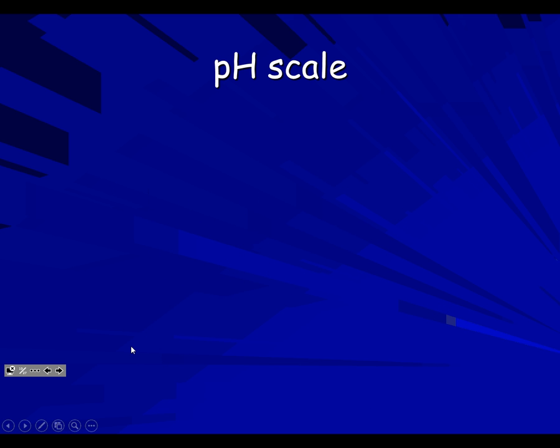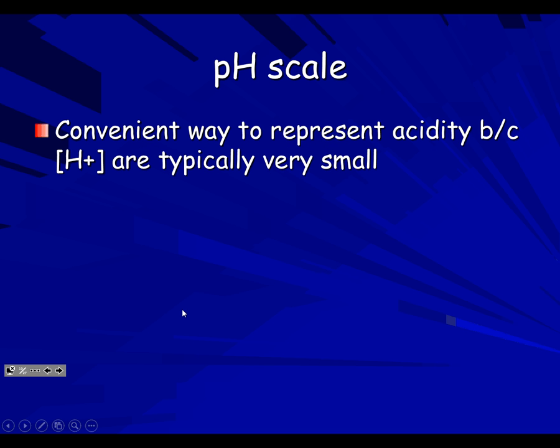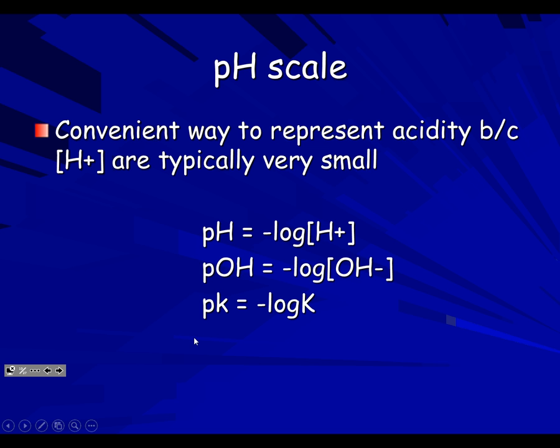Okay, so pH scale. This is in your textbook. I didn't put a copy of it here because it doesn't look very nice on this PowerPoint. But everybody always asks, what does the P stand for in pH, pOH, whatever?